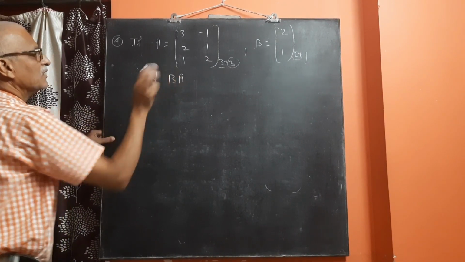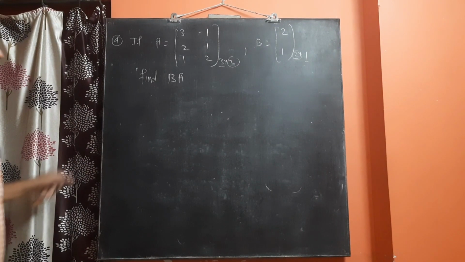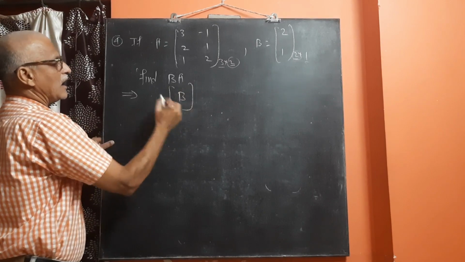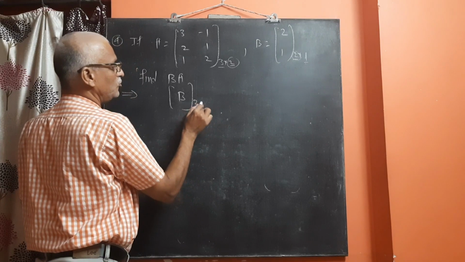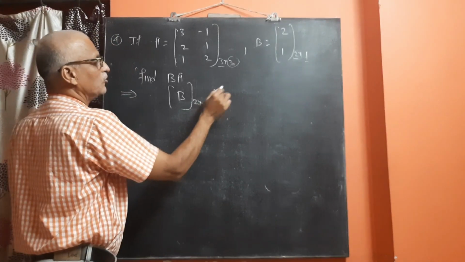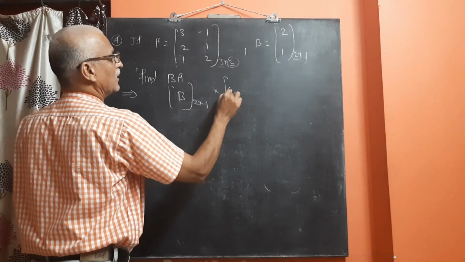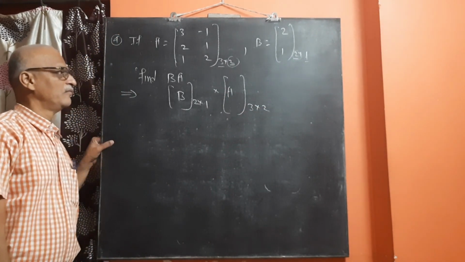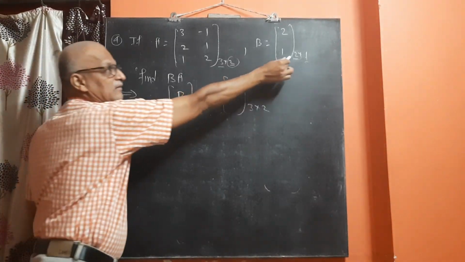B into A. आपको मैट्रिक्स फाइंड आउट करना है B into A. See here. Now the order of B कितना है आपका 2 by 1 into A. A का ऑर्डर कितना है? The order of A is 3 by 2. Order of B is 2 by 1.